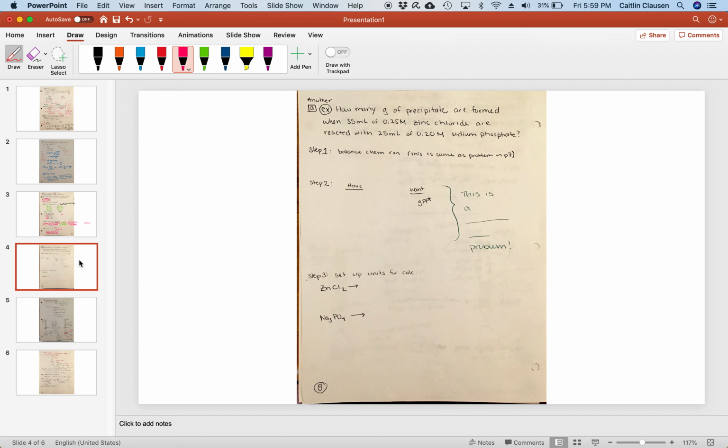Alright, this is another version of a stoichiometry problem with precipitate. And this time, this is a throwback to chapter 9, where we're talking about limiting reactants. This is the same reaction as the previous problem, so you should have the same balanced chemical equation.